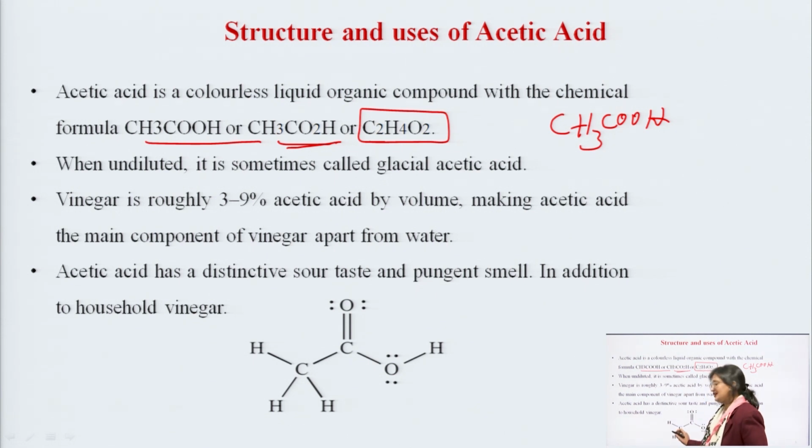Acetic acid has a carbon which is attached to 3 hydrogen atoms, which is in turn linked to a carbonyl group. This carbonyl carbon is attached to a hydroxyl group or hydroxyl oxygen.